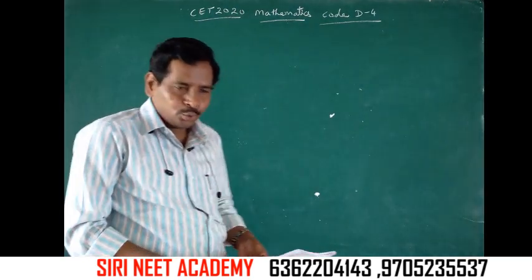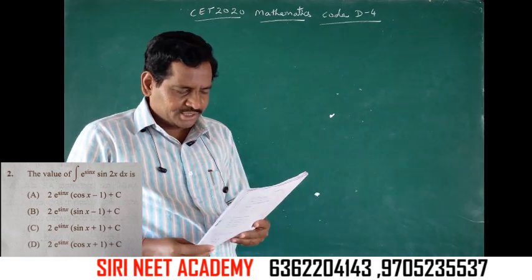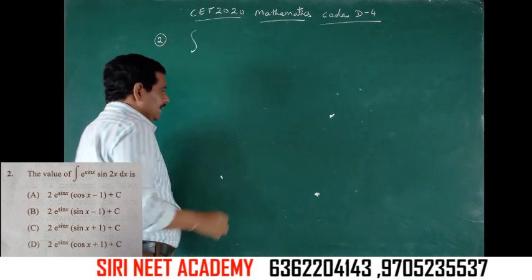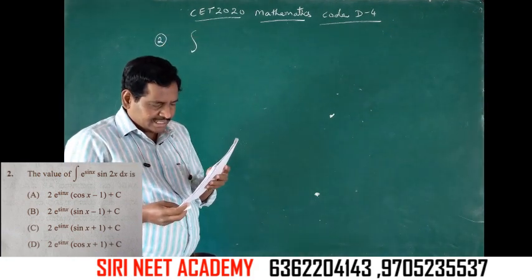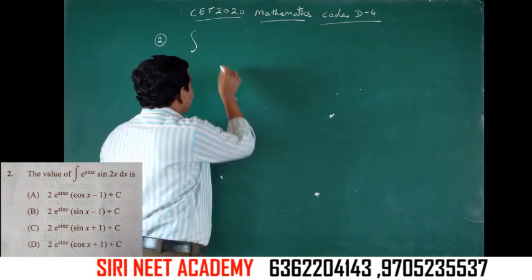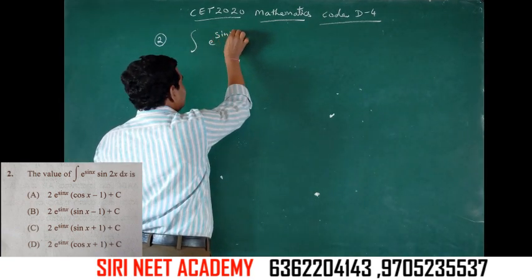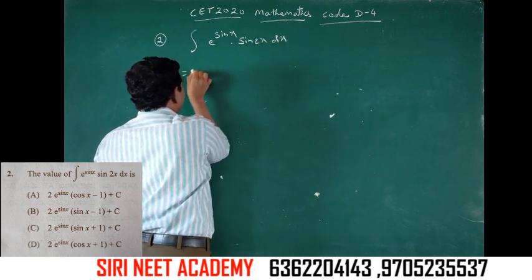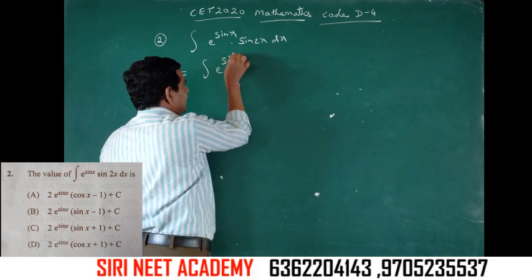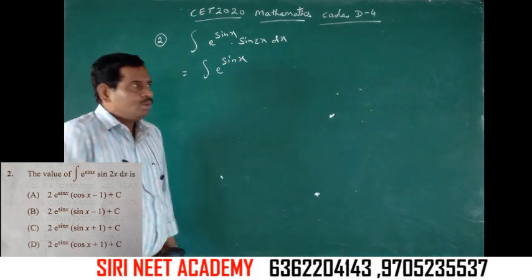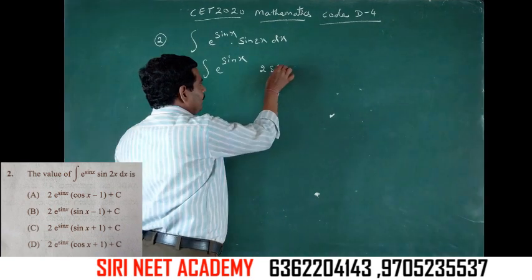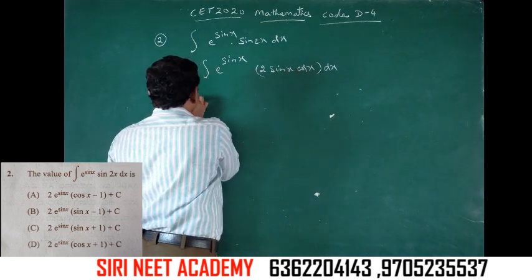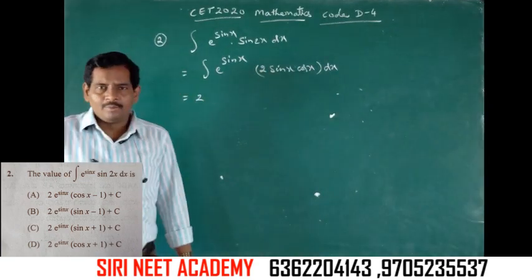Now question number 2. This is also from integration. The value of the integral of e to the power sin x into sin 2x dx. Sin 2x is 2 sin x into cos x, so 2 will come out.